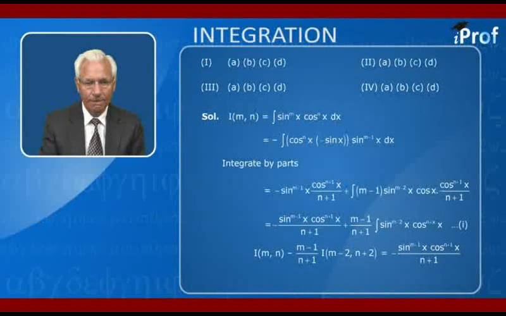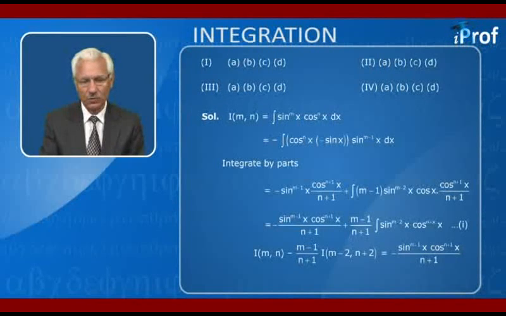If we simplify, that is minus sin raised to power m minus 1 x cos raised to power n plus 1 x upon n plus 1 plus m minus 1 upon n plus 1 integral of sin raised to power m minus 2 x cos raised to power nx into cos square is replaced by 1 minus sin square x dx, which can be written as Imn equal to minus sin raised to power m minus 1 x cos raised to power n plus 1 x upon n plus 1 plus m minus 1 upon n plus 1 I m minus 2 n minus Imn.